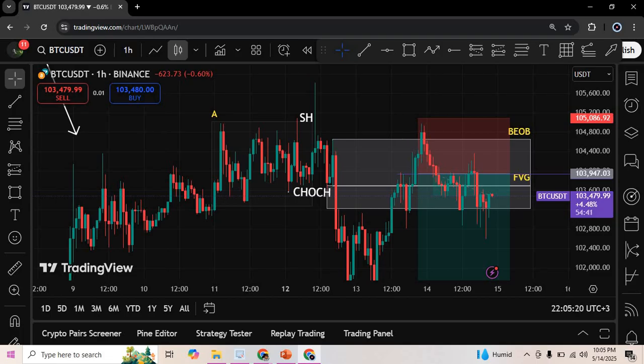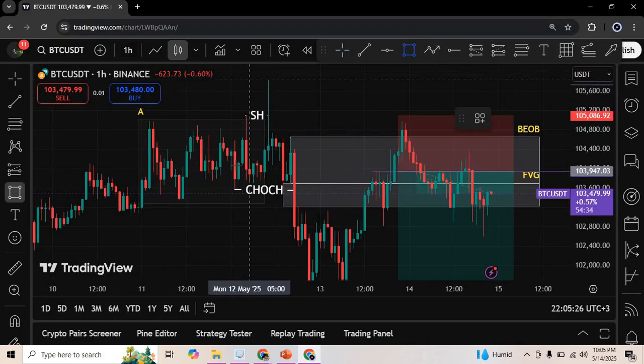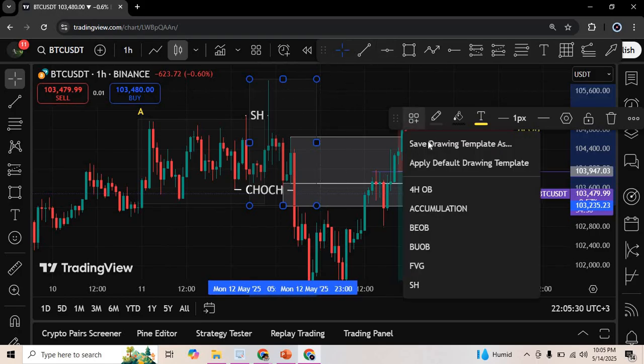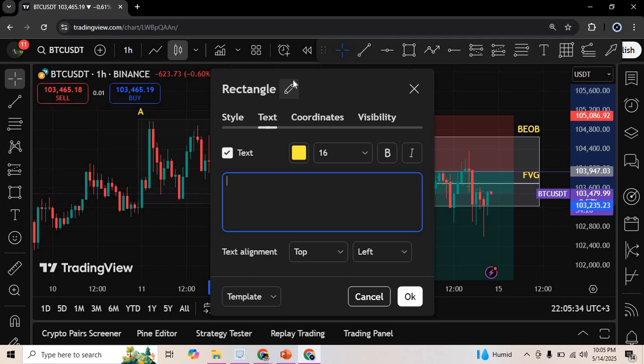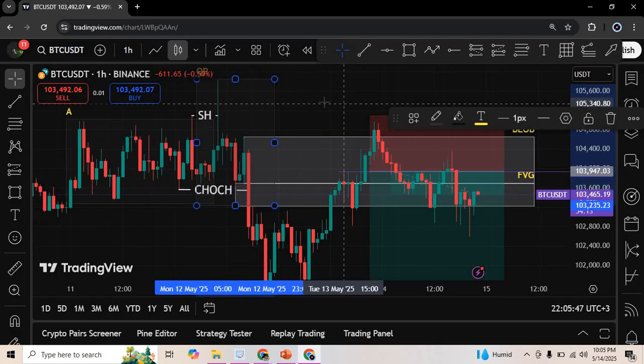These names are not that important. A combination of these two, a stop hand and a change of character, is what we call a Quasimodo pattern. So that's our Quasimodo pattern.